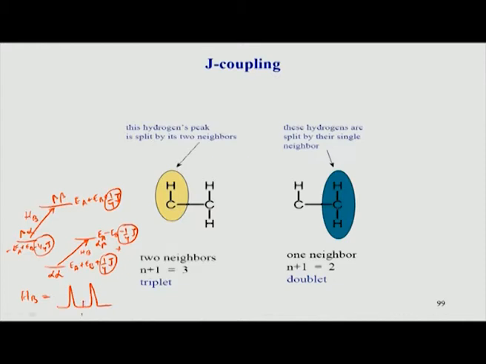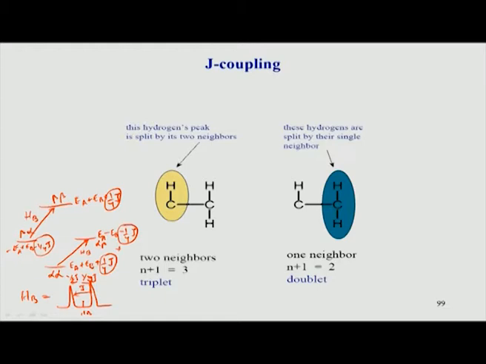This is the original H beta peak where it should have come, but because of this splitting, it has become 1 by 2 J this side, 1 by 2 J this side, and the total difference has become J.